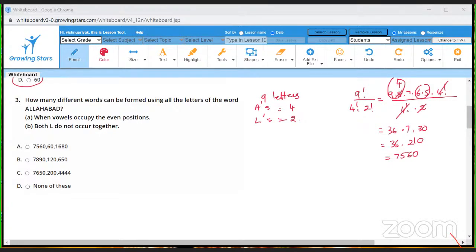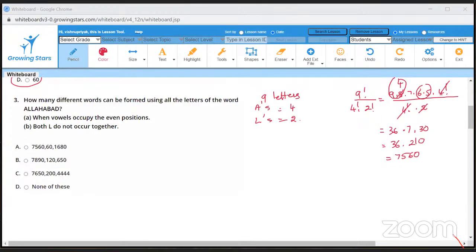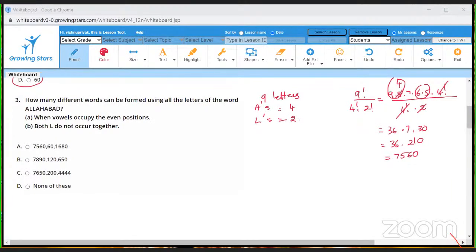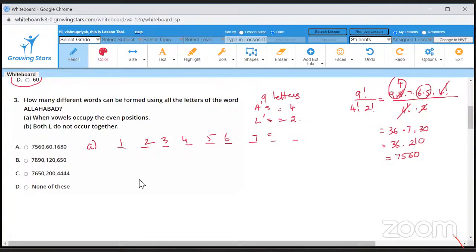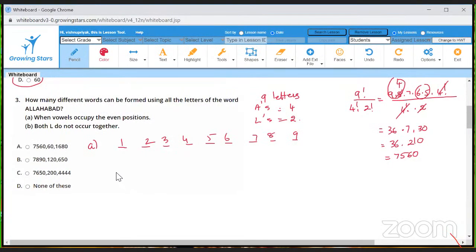Okay. Now, the next condition in part A: when vowels occupy the even positions. 9 letters are there: 1, 2, 3, 4, 5, 6, 7, 8, 9, first position, second, third, fourth, fifth, sixth, seventh, eighth, ninth. The main condition is for vowels. What vowels are present in the word Allahabad?